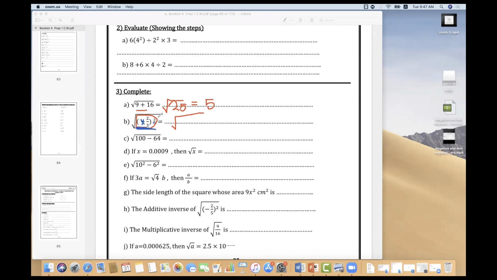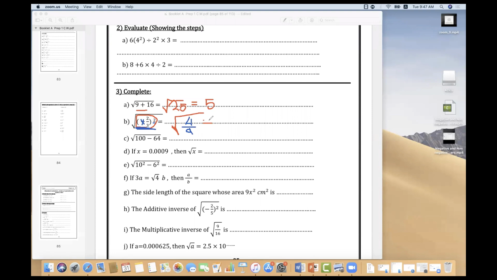How can we solve this one? We can write it as 4 over 9 under the square root, so it gives 2 over 3. Excellent.